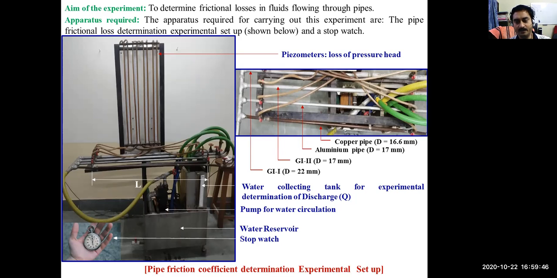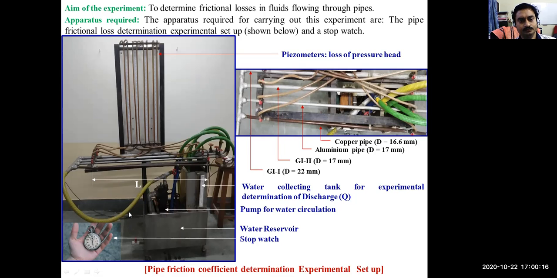I showed the different pipes being used and their diameters, and I said that the distance between the two points where you want to find the pressure head loss remains constant at 1 meter, the same for all. I also said how to calculate and measure discharge experimentally, which is common for all the experiments conducted in this laboratory, and covered the aim of the experiment and the apparatus required.